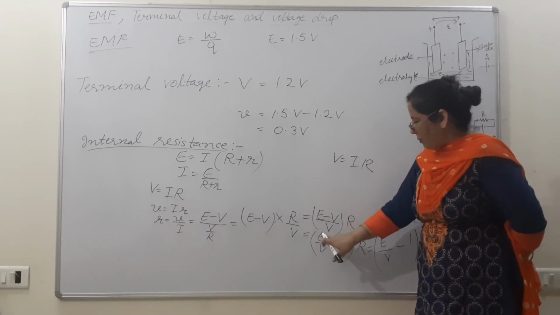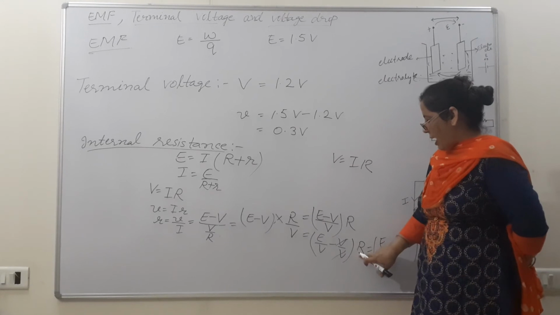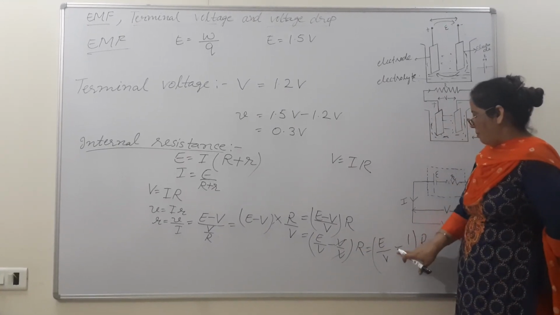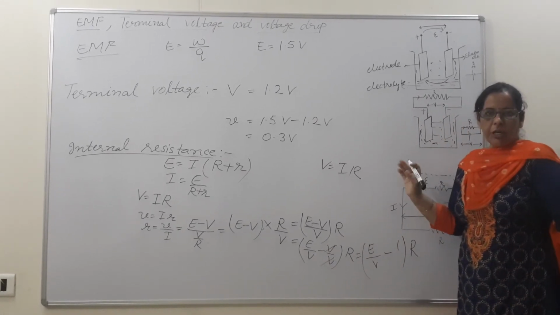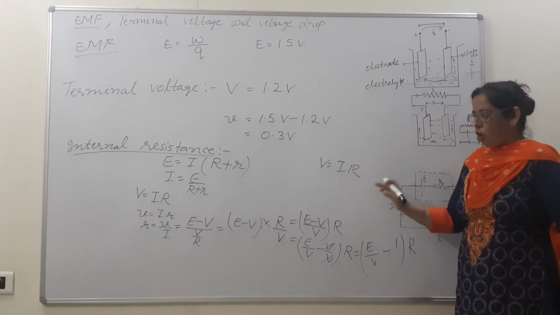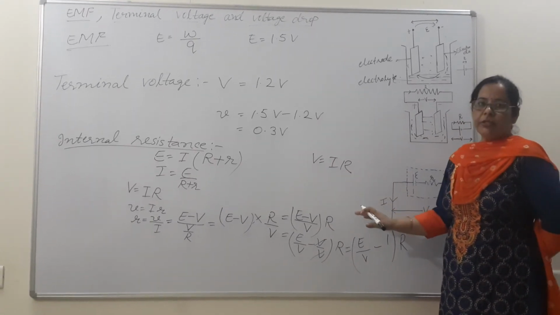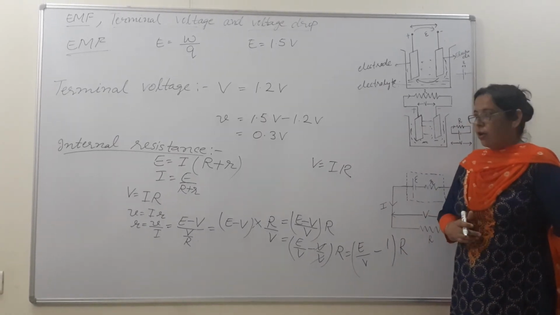It will be E by V minus V by V multiplied by R. V will cancel. So it will be E over V minus 1 multiplied by R. According to the requirement, otherwise on the spot you can reduce this expression and use the formula.